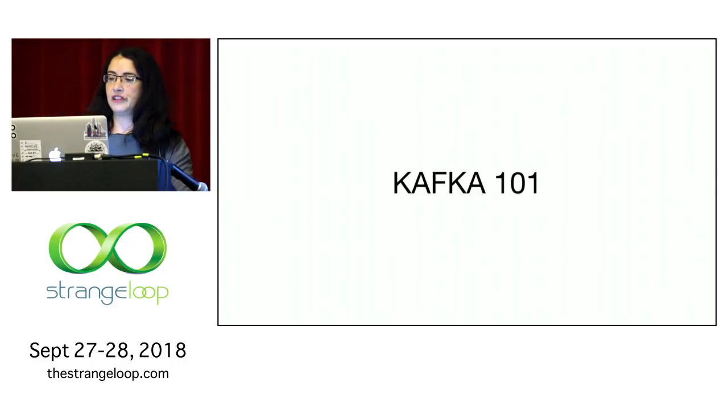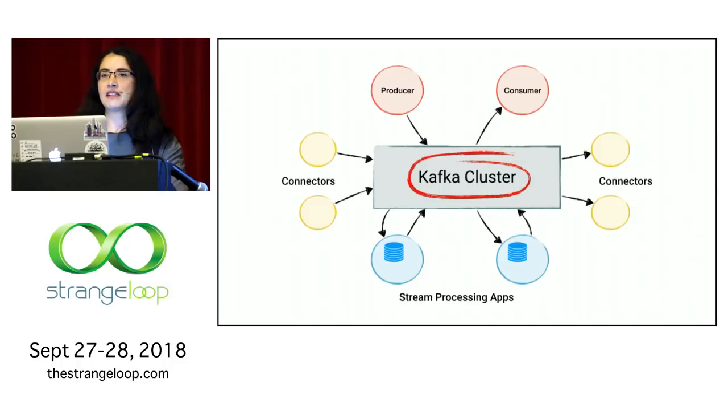So what is Kafka? Well, the way we sometimes describe Kafka is a streaming platform. What does streaming platform mean? It means that you take events, you publish them, Kafka stores them as nicely ordered streams of events, and you can subscribe to those events and consume them.